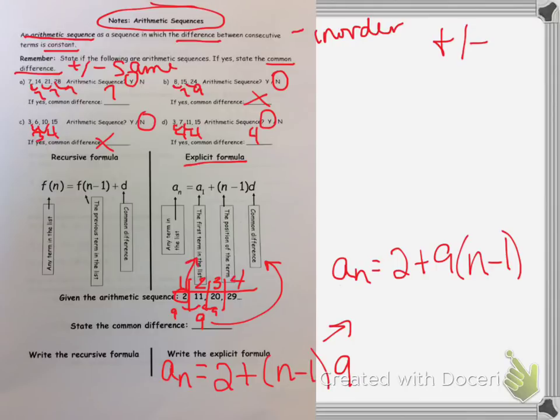The recursive is a little bit trickier. So you need the previous one. So we always need to write what our first term is. And in this case, again, it's 2. They're writing this one in function notation. So we're going to say f of 1, because that's our first term, is 2. And then we're going to say f of n is equal to whatever the next term is.